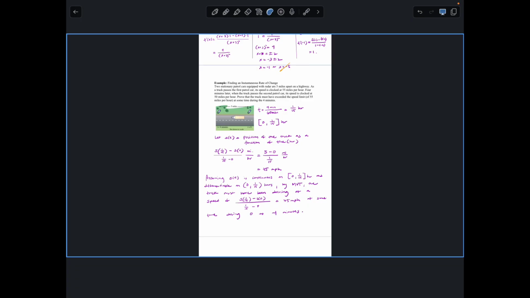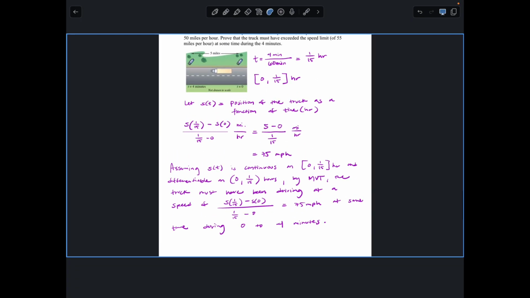If you're thinking about position, tracking the truck's position, position would be continuous. So assuming that, you could say yes, this rate is greater than the speed limit.